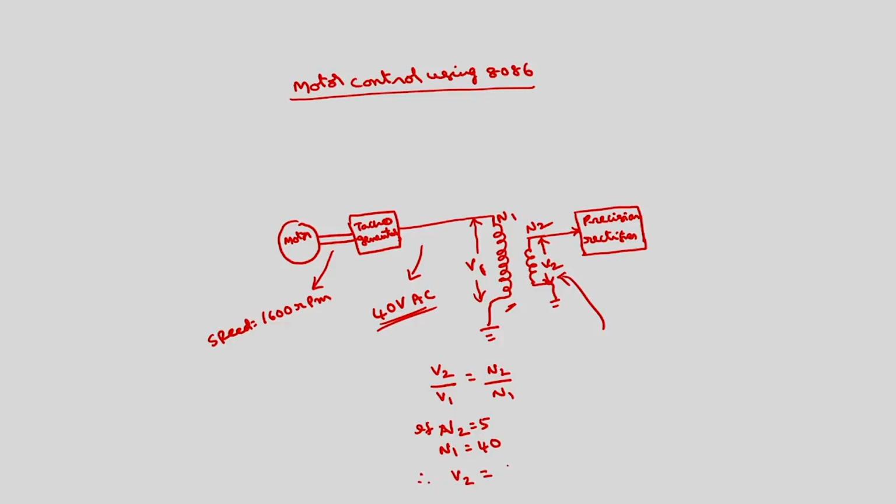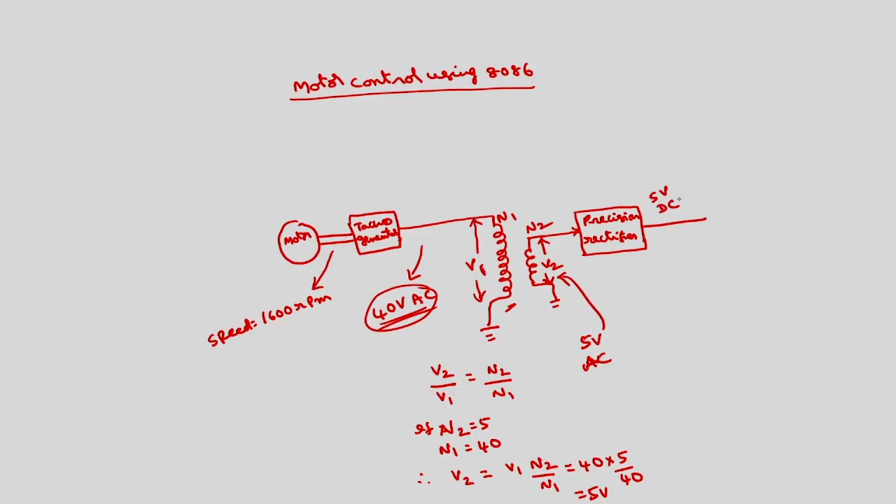V2 is equal to V1 into N2 by N1, which is 40 into 5 by 40. So, you will get 5 volts. Here we will get 5 volt AC. To convert it to DC we will use a precision rectifier.